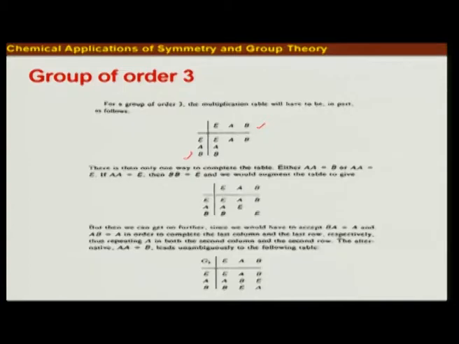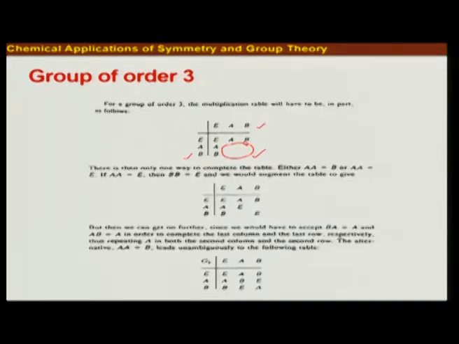Then you start multiplying by following the combination rule that we just stated. So E combines with all the elements and gives you back the same element. So the first row and the first column are very easily figured out. That is very trivial and one can write it out. Then we are left with this region, which will contain 4 different products. So how do we go about them?